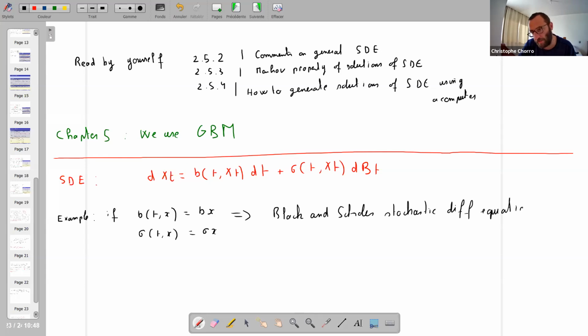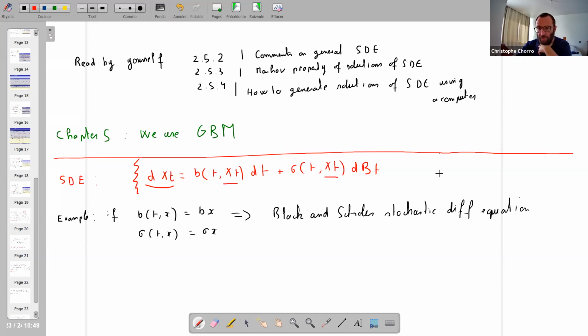So the stochastic differential equation coming from the Black-Scholes formula is just a particular case of something that I can define as a stochastic differential equation, a relation between the Ito differential and the process itself.